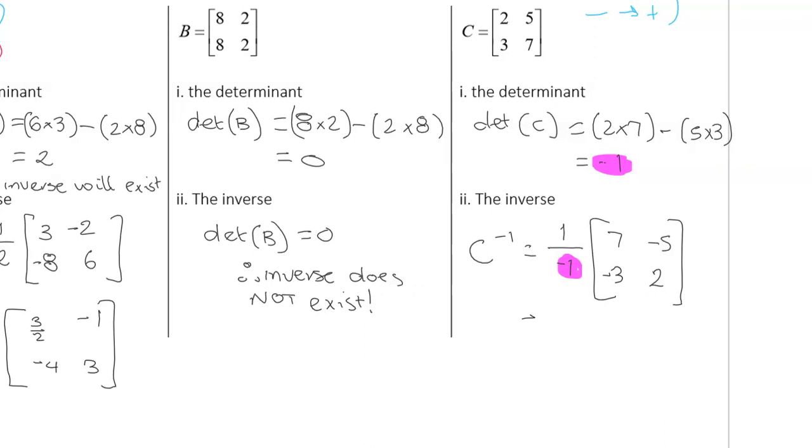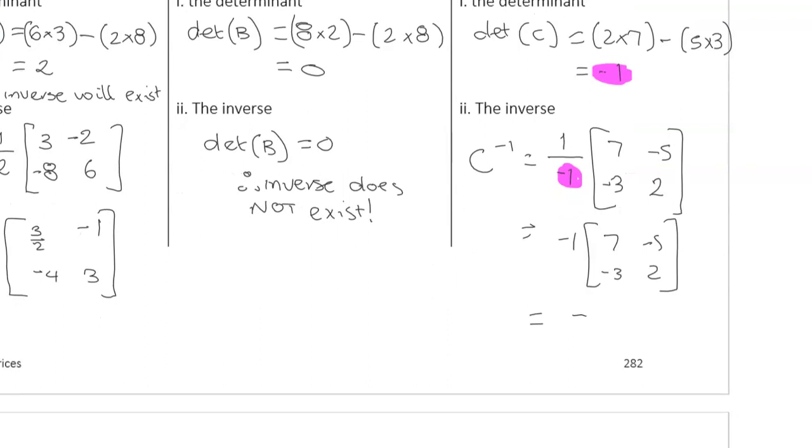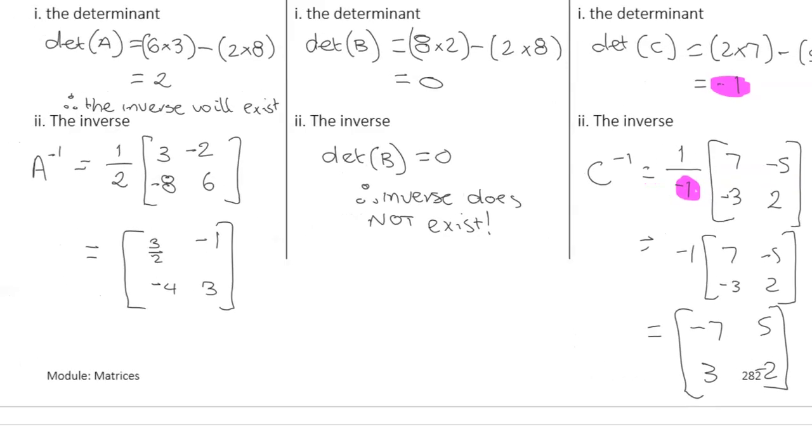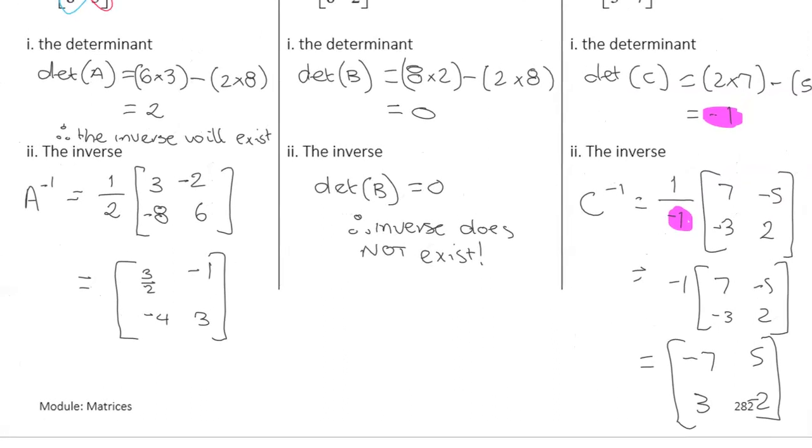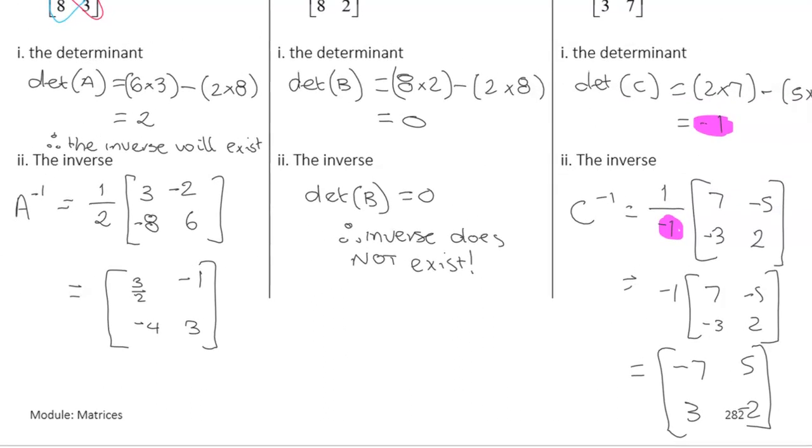Okay, so 1 divided by -1 is just the same as multiplying everything in our matrix by -1. So we will get -7, 5, 3, and -2. Awesome. There we go, that's page 282.